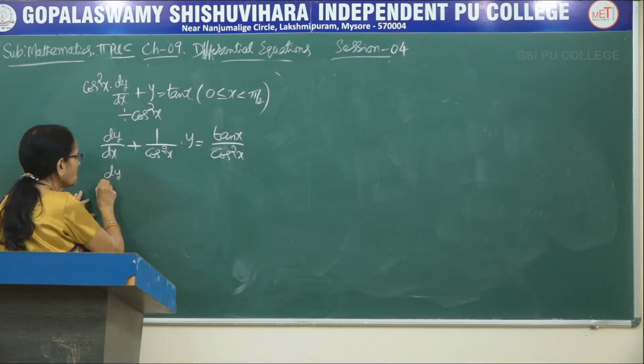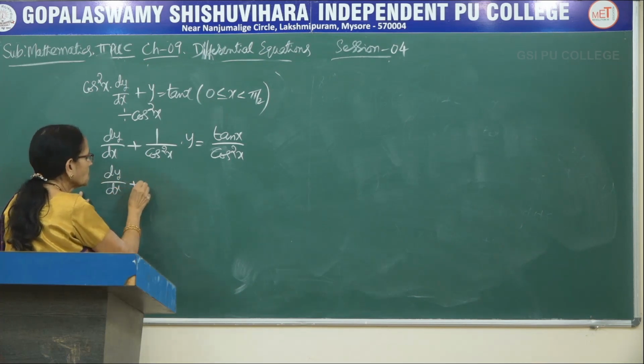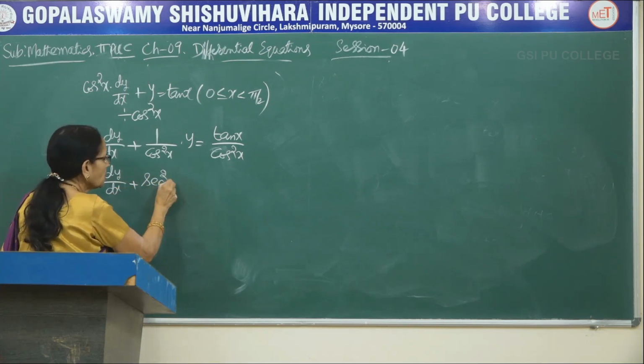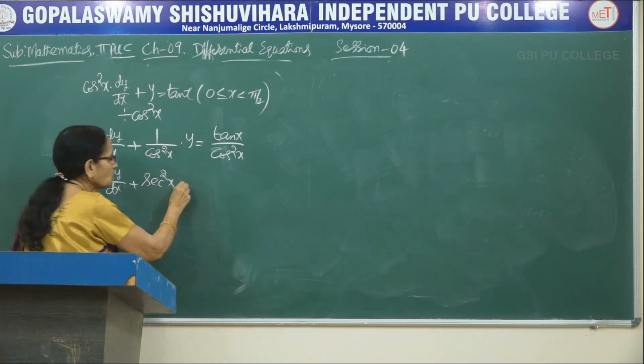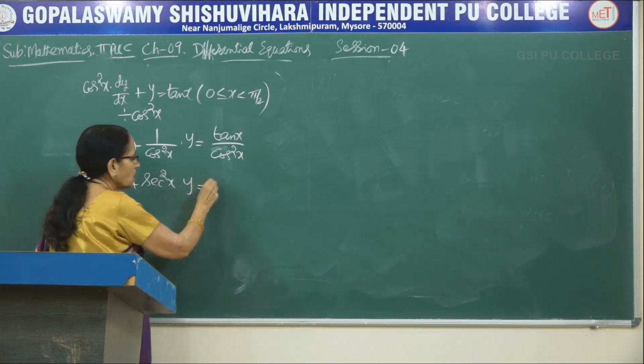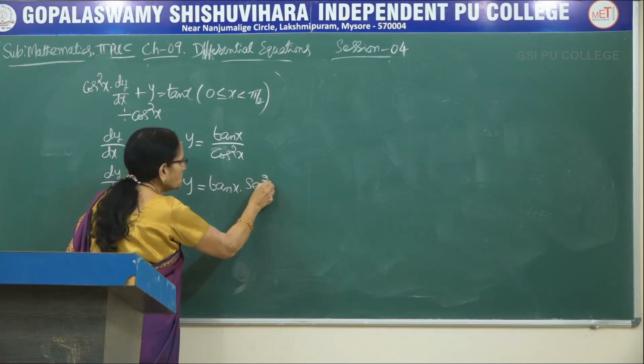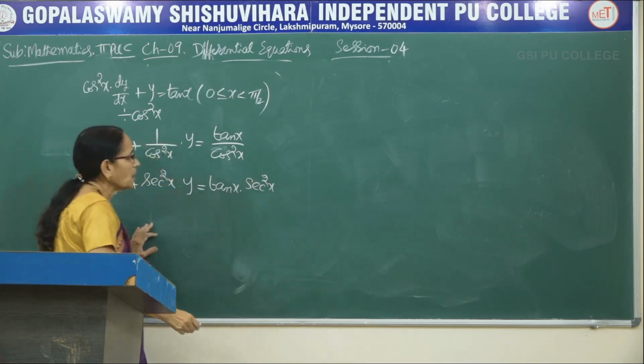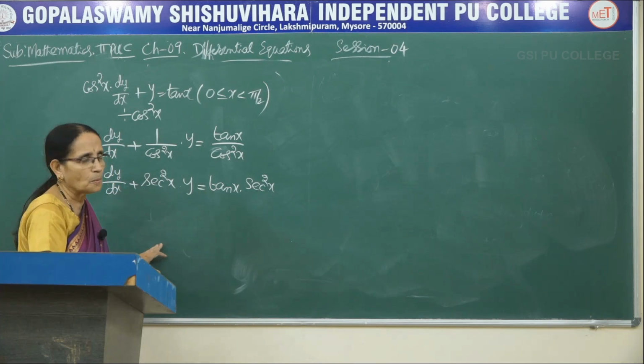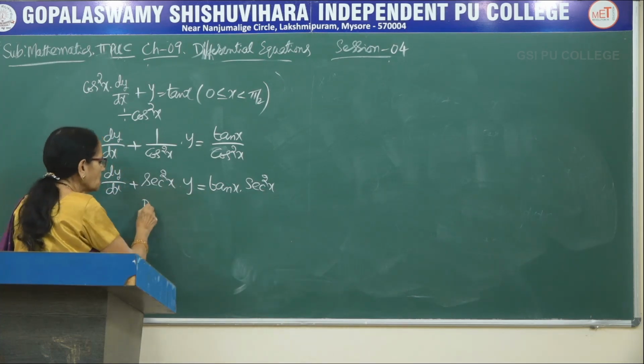That is, I can write dy by dx plus 1 by cos square, as you know they are reciprocal ratios, secant square x into y, and the right hand side is tan x into secant square x. Now, it is in the standard form. Now, what are the values here?